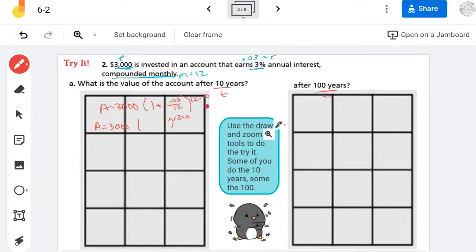But I want to show you guys just to clean stuff up. So there for the exponent, 12 times 10 is 120. Got too excited and put too many lines. And then on our next part, 0.03 divided by 12 is 0.0025. And if I add 1 to that, I get 1.0025. And so that's what I would type into my calculator on Desmos.